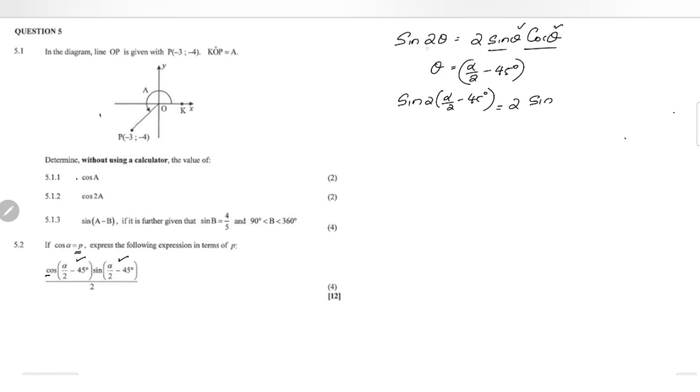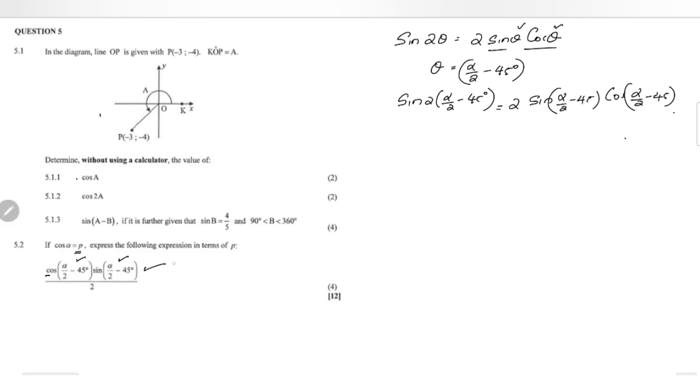So all the thetas of this formula I am changing with that binomial, alpha by 2 minus 45, close the bracket, then cos alpha by 2 minus 45, close the bracket.